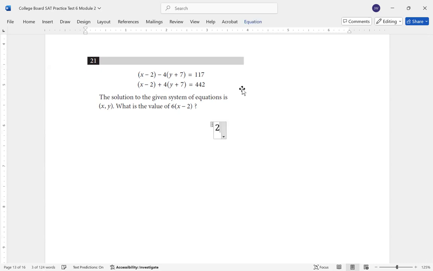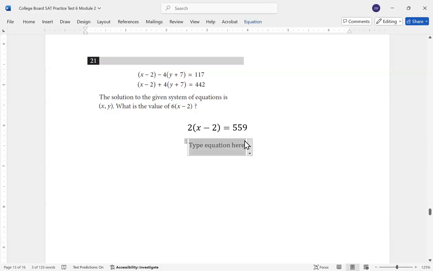That would give me 2 copies of the quantity x minus 2 is equal to 117 plus 442. That's 559. Now, again, I could solve this for x if I want and come up with a value for x, or what I could do, which is a little bit quicker, is notice that we're asking not for the value of x, but the value of 6 times the quantity x minus 2.